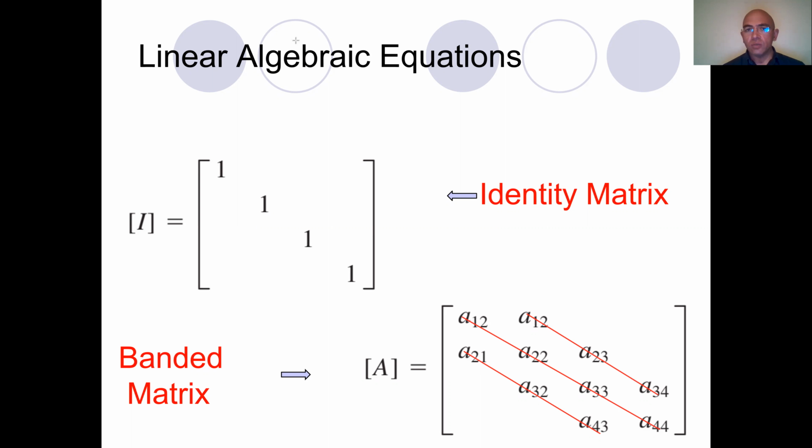The rest of the values are all zero, as you see. In fact, this is a three diagonal banded matrix. You may have pentadiagonal, which means that you have 5 lines of non-zero values, and septadiagonal, 7 lines of non-zero values.